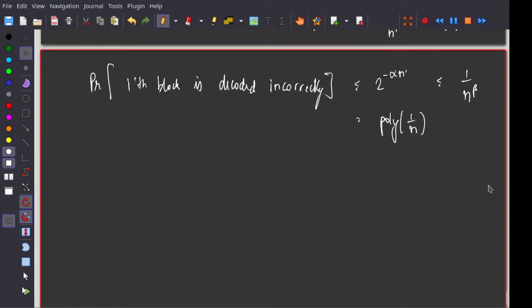Now, this is the probability that one particular block is decoded incorrectly. In particular, beta could potentially be smaller than 1; it is some positive constant.